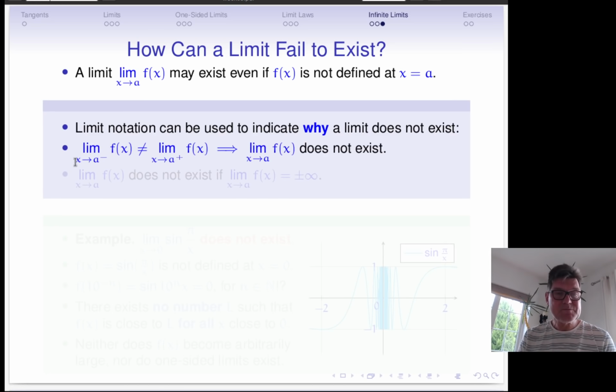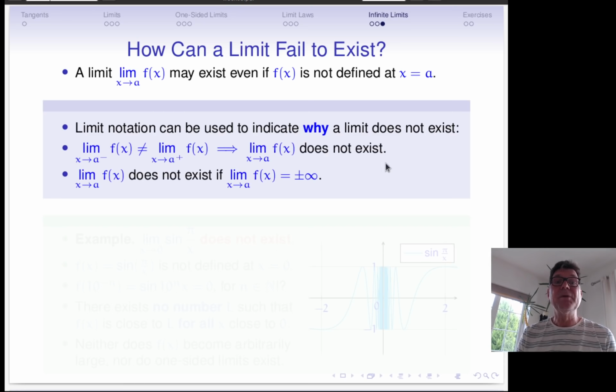If the left-hand limit is different from the right-hand limit at a, then the limit of f of x as x approaches a does not exist. Also, the infinite limits that we've considered now are instances of limits that do not exist. Infinity is not a number, and the limit as x goes to a of f of x does not exist if it's plus or minus infinity.